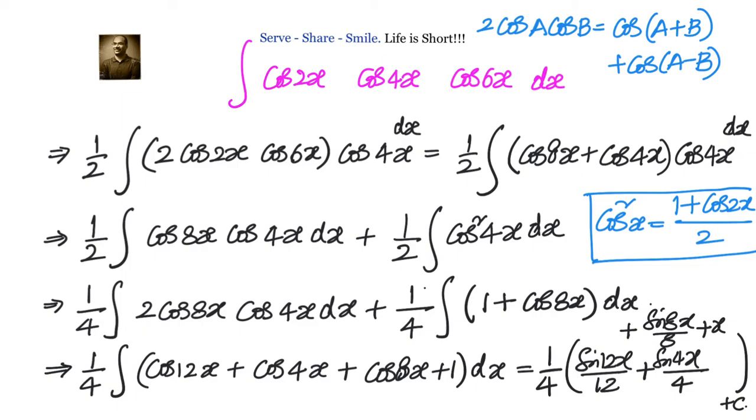Because we don't know the integration of square functions or cube functions, in this scenario we need to change that into a simpler function. So we have taken the help of the formula. Now once we apply the formulas and open them, it becomes pretty simple. So that's integral cos 2x into cos 4x into cos 6x dx.